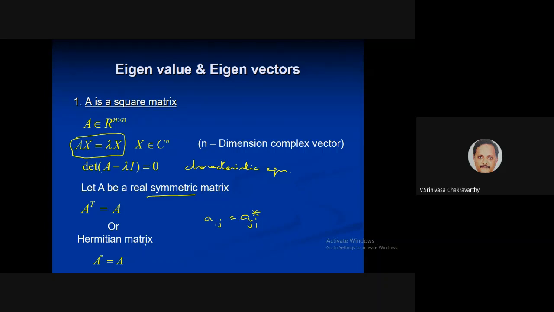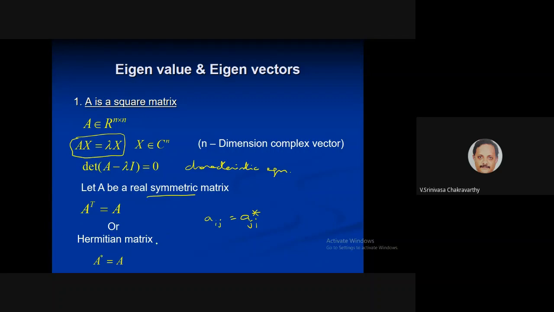But anyway, we won't bother about all that. We'll assume that whenever we talk about transpose, conjugation is implied. So whether A is a real matrix or complex matrix, A transpose means doing the appropriate thing, depending upon whether it is real or complex.